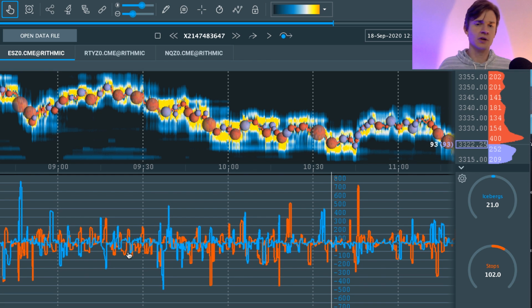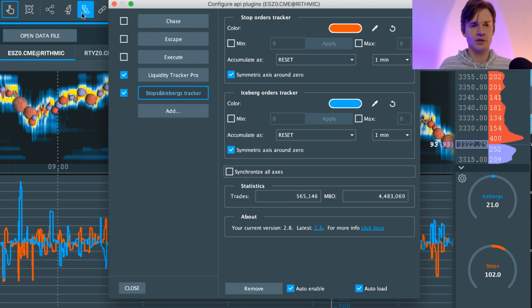If you don't sync these up, the reds will all be wandering around up here, and the blues will be wandering around down here, and it just makes it visually unappealing. So you pick a symmetric axis around 0 for both of them, so they both return to that 0 line in the same space.